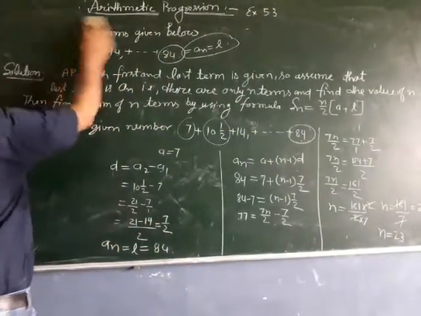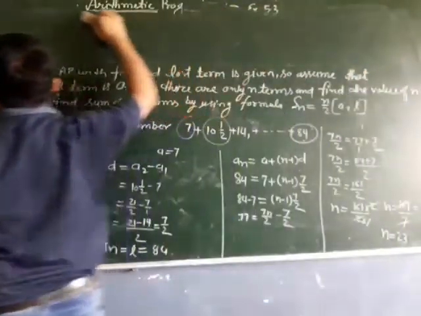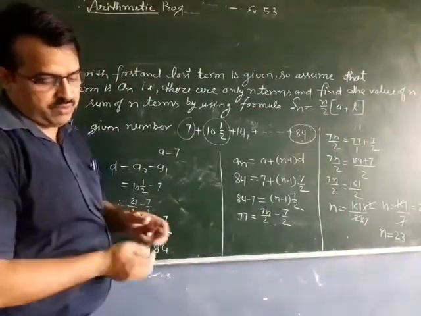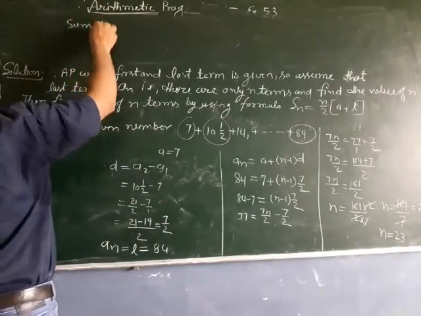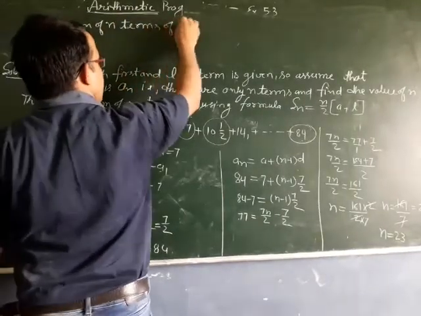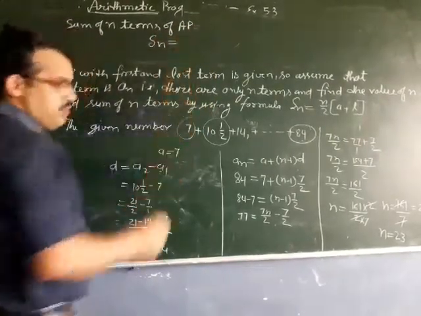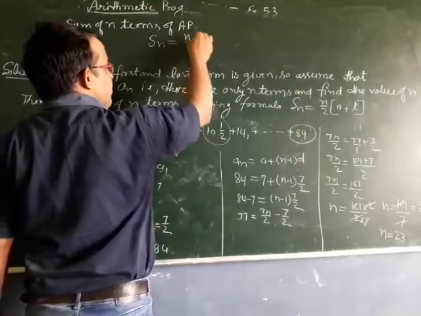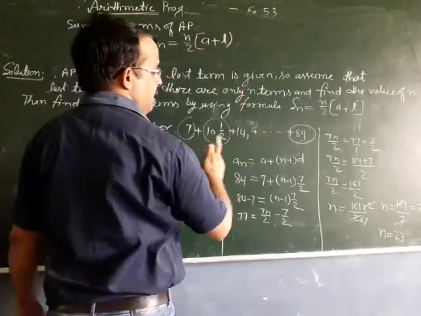Now look here. Find the sum of these terms, so the sum of n terms of an AP. Sum of n terms of an AP is equal to Sn is equal to n by 2 times a plus l, and the last term is 84.